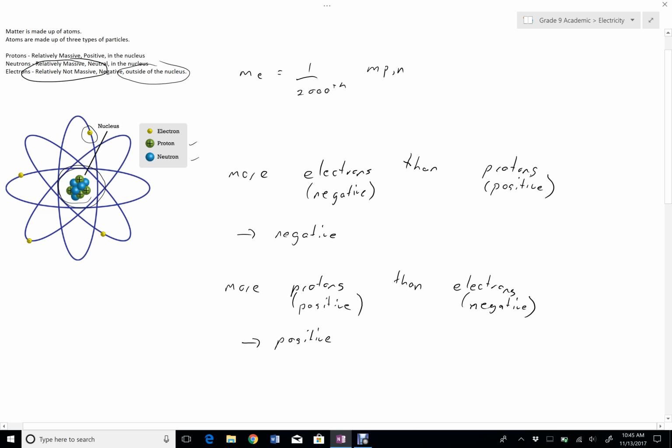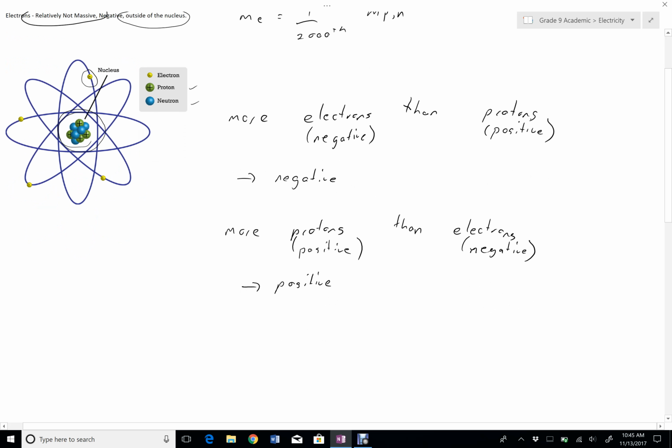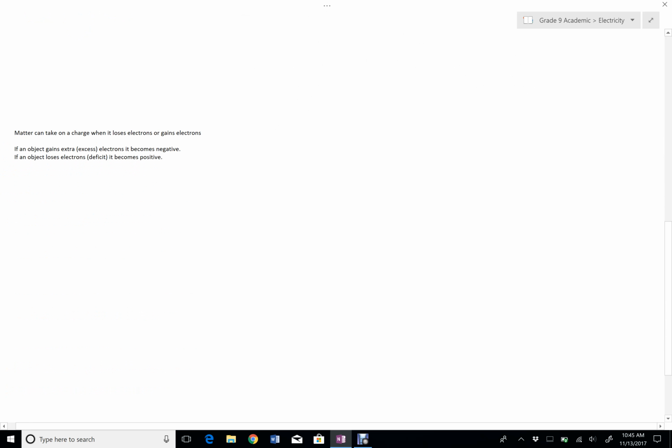So since they're on the outside, again, it makes it easier for them to be lost or gained. What that means then is that objects can either have extra electrons or have fewer electrons than they usually have. We use the terms excess to mean extra and deficit to mean not as many as they usually have. And that's how atoms become positive or negative.